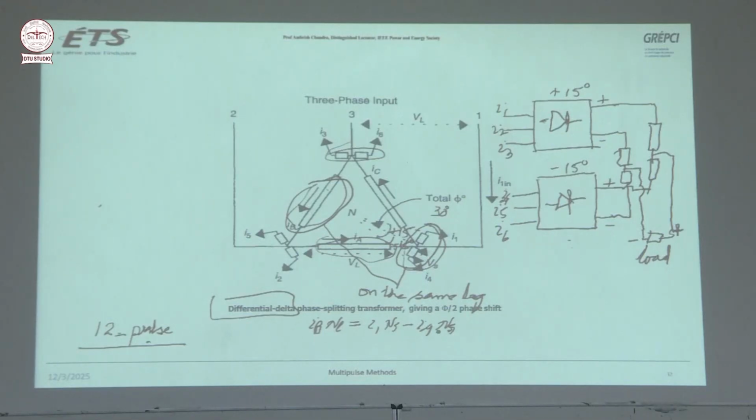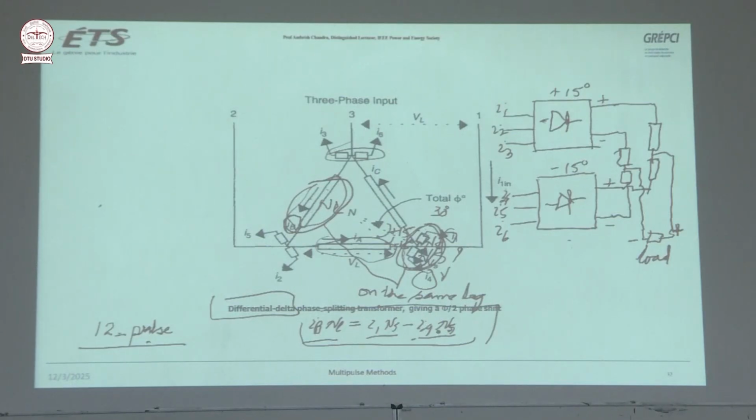Okay, so if you write MMF equation, this is IB current multiplied by NL, suppose we call it IB NL, and here this is I1 current in this winding, I1 NS, if we say NS number of turns here, but they are in opposite direction, so minus, this is I4 current, I4 NS. So this is what MMF equation you can write.